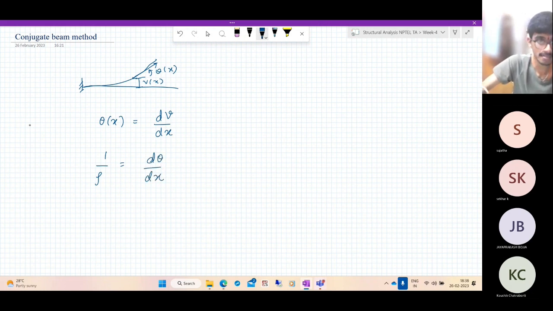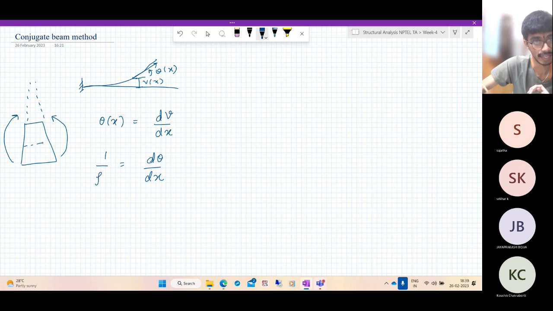But from the analysis, you take an infinitesimal section, and using stress strain relations integrated over the section, with sigma xx varying linearly with the depth, once you do all of it, you know that this is equal to m by EI. This will be rho, this will be m, and this dx, something like that.